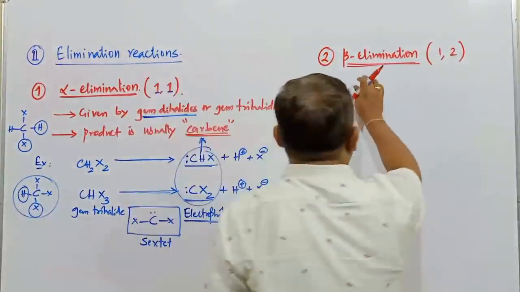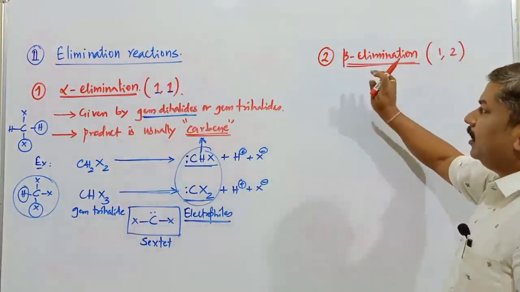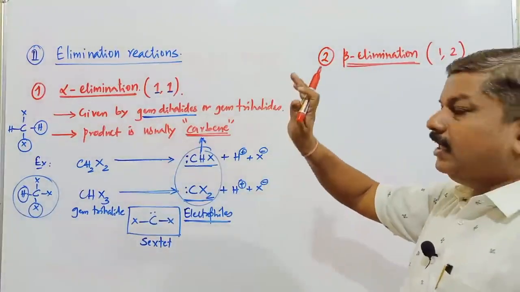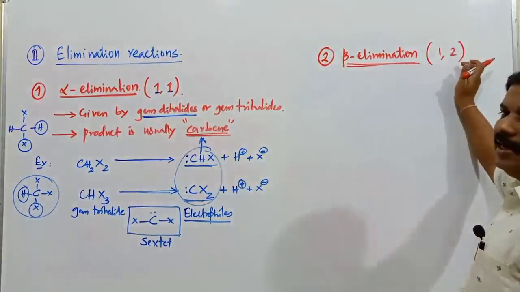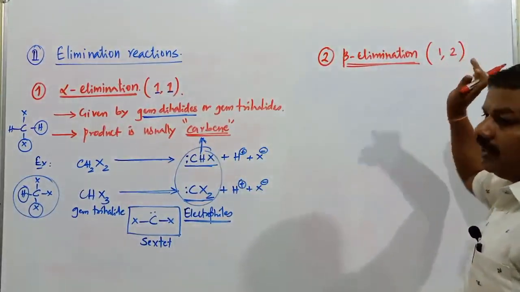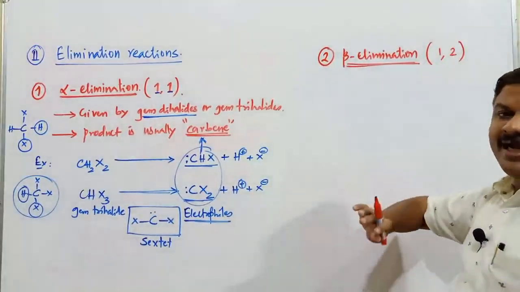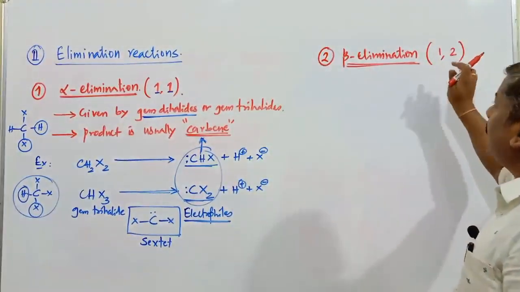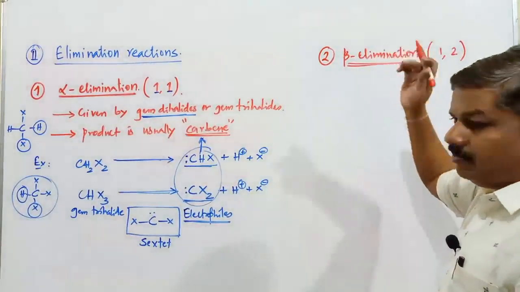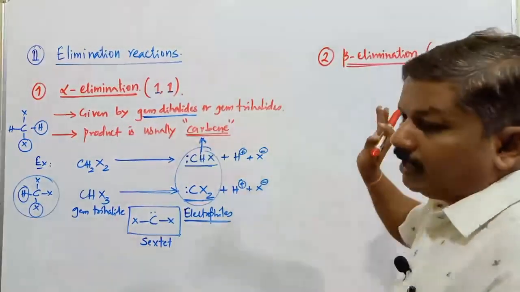What is the meaning of beta elimination? Here, atoms or groups of atoms are eliminated from adjacent carbon atoms, that is from the first carbon atom as well as from the second carbon atom. If they are eliminated from the first and second, or alpha and beta carbon atom, it is commonly called what?